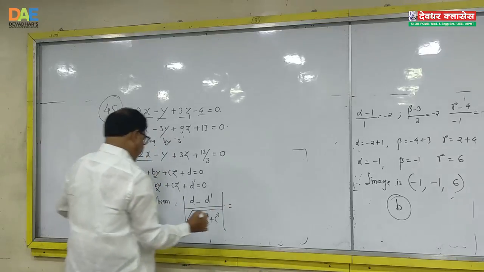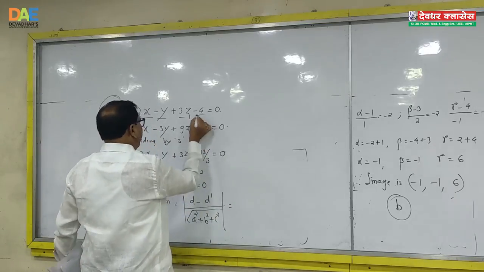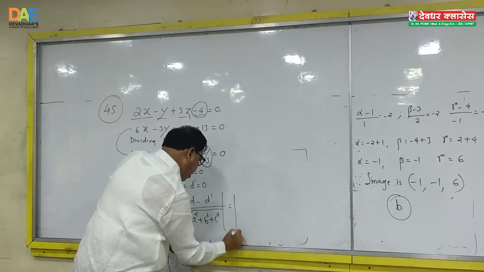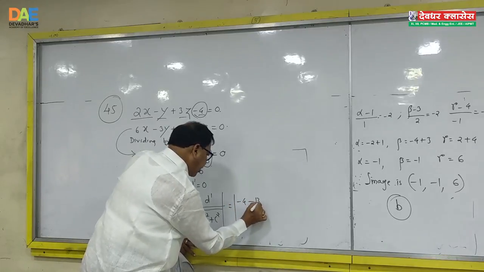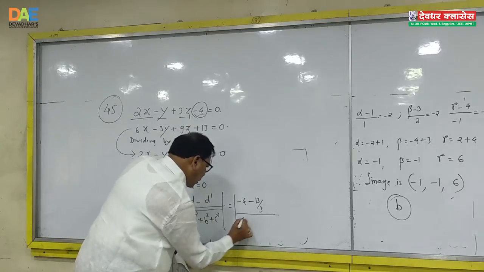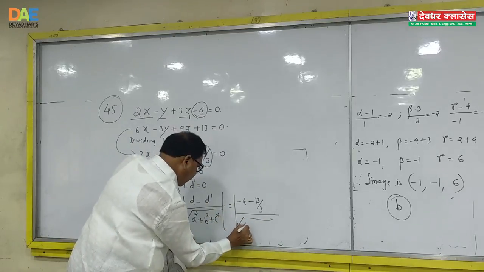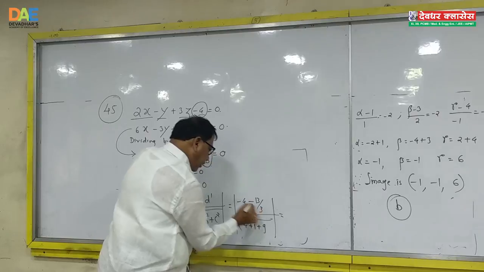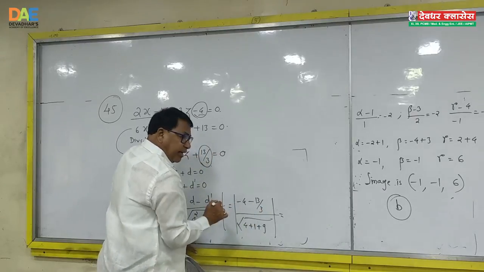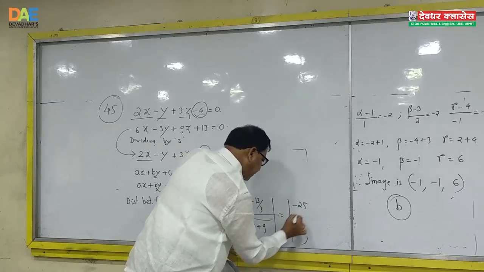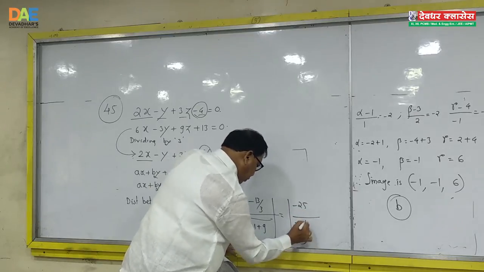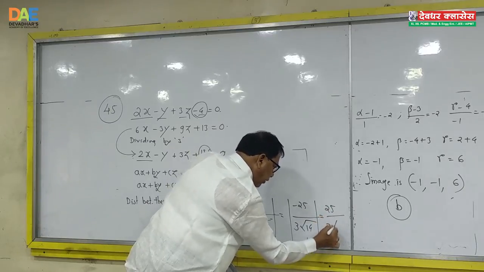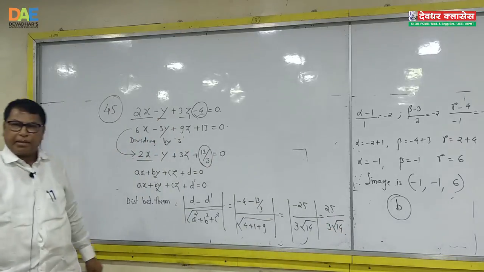What is d? Minus 4 is d. What is d dash? 13 upon 3. So mod of minus 4 minus 13 upon 3, upon root of a square: 2 square 4 plus minus 1 square 1 plus 3 square 9. That is equal to 3 fours are 12 minus 13, mod of minus 25 upon 3 into root of 14, and that is equal to 25 upon 3 root 14, the required distance between the parallel planes.